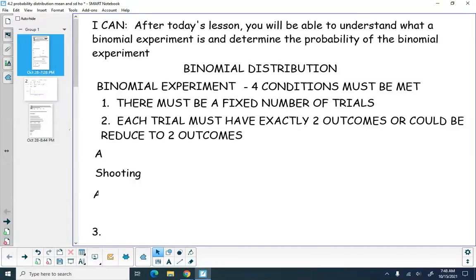In each of these trials, you must have exactly 2 outcomes or can be reduced to 2 outcomes. So you have a fixed number of trials and you're going to have 2 outcomes.